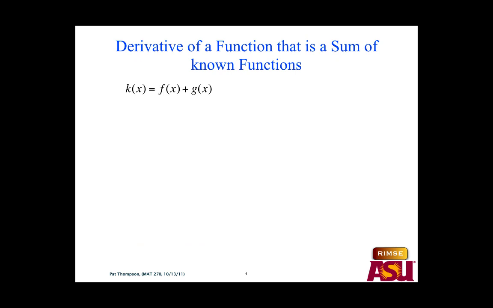So thinking about other ways we can combine things. We haven't done any addition or subtraction sort of things yet, but if I have a function and another function and I add them together, like x squared plus 2x.